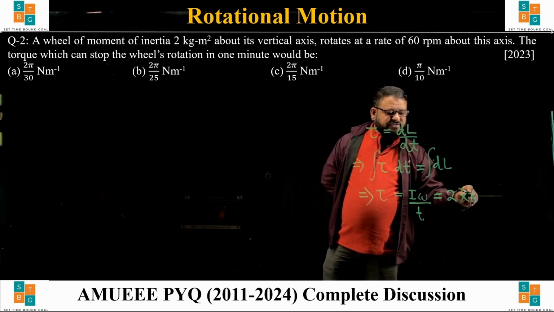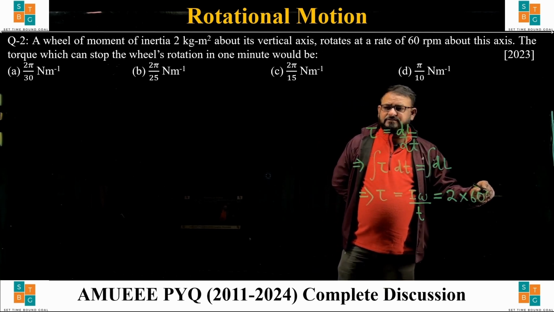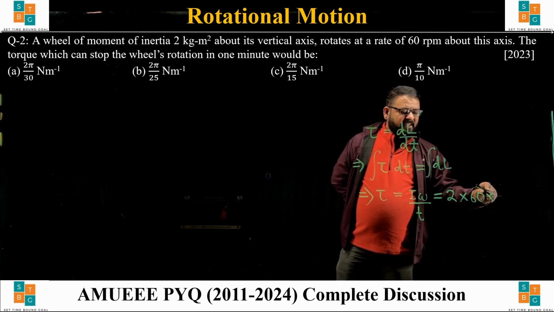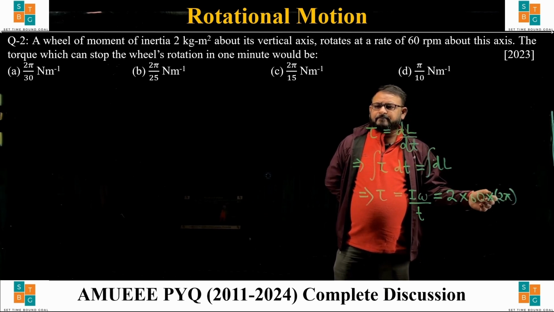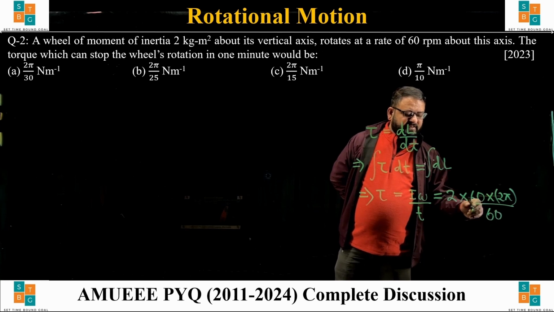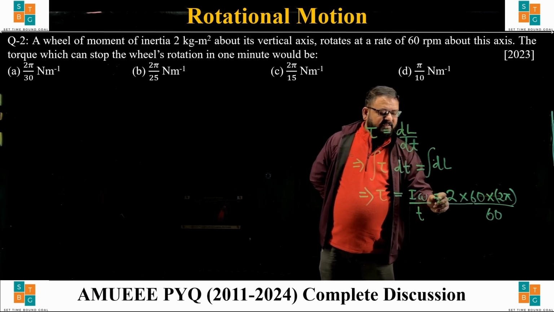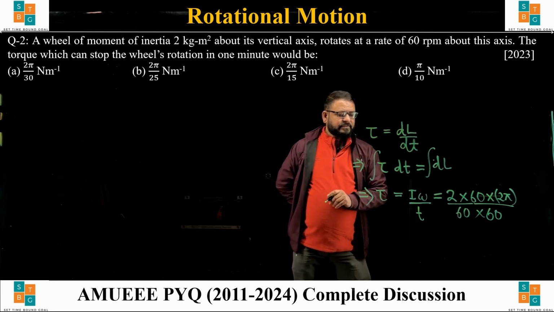This is 60 RPM. So 60 RPM means 60 revolution, so these many radians per minute. So in 1 minute there are 60 seconds. And time is also given in 60 seconds.